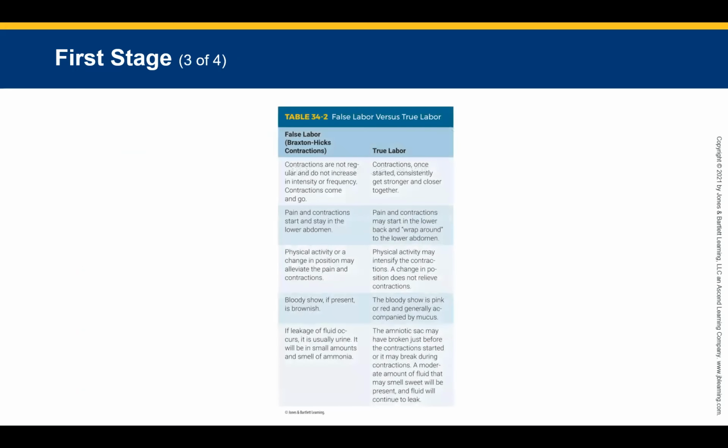So here's the difference between true labor pains and false labor pains. I'm going to let y'all read that for just a second and see if you pick up anything.